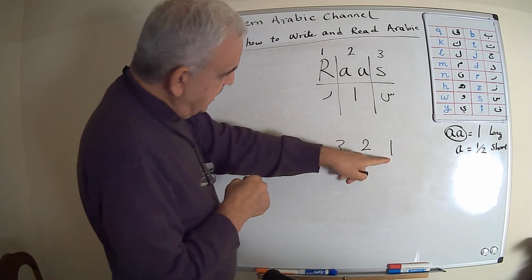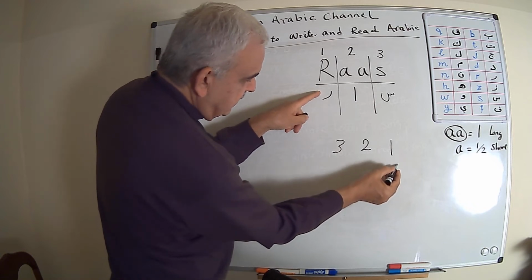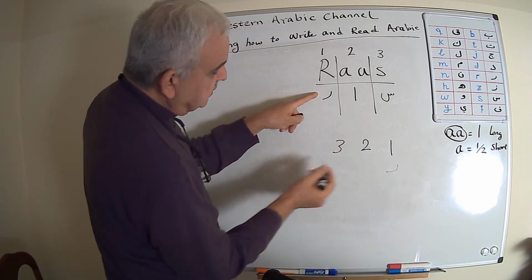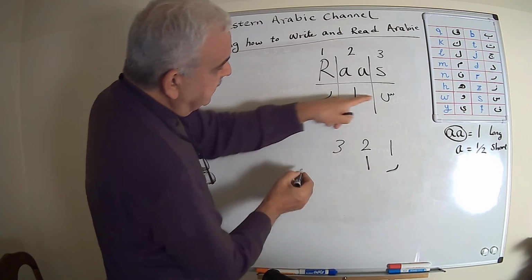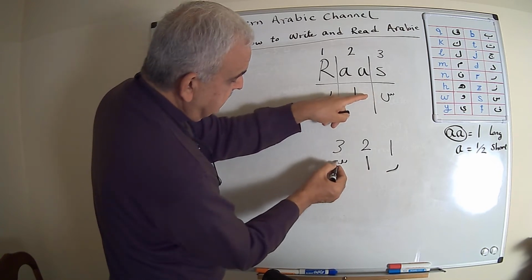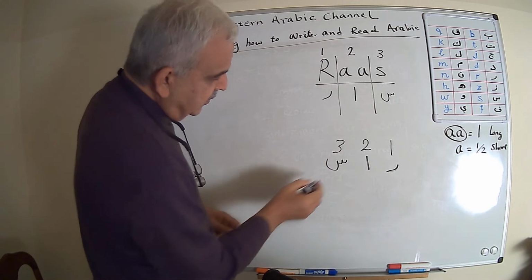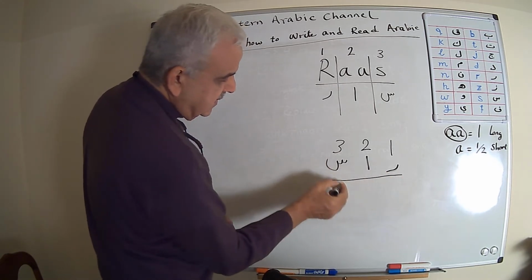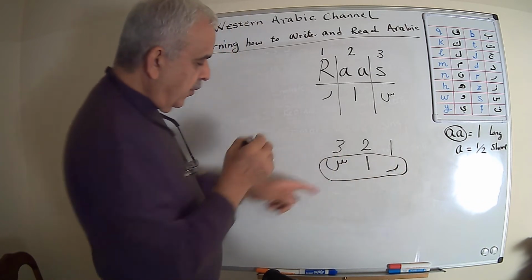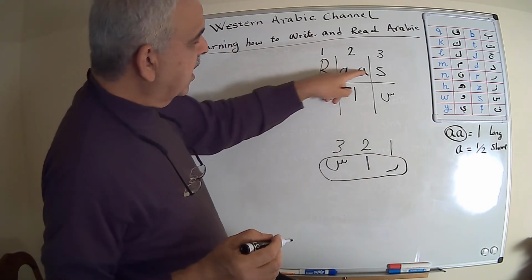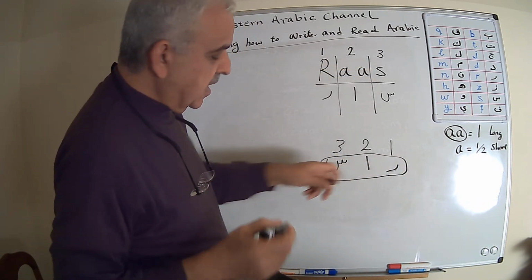Number 1 is Ra. Number 2 is Alif. Number 3 is Sa. So this is the Arabic letter word for ras. In English it is ras, and in Arabic it is ras.